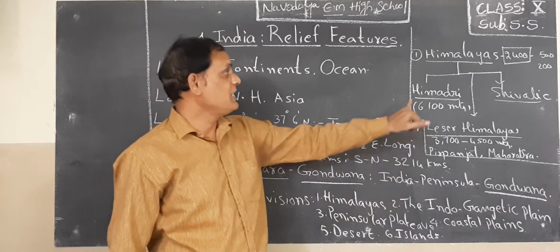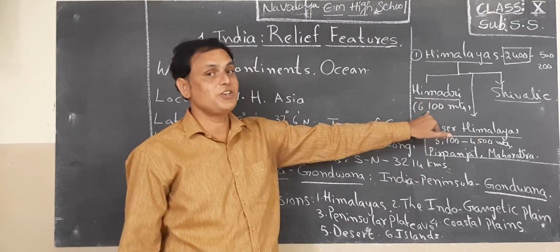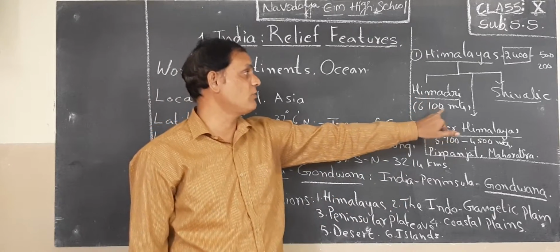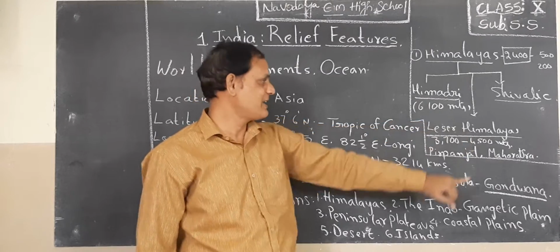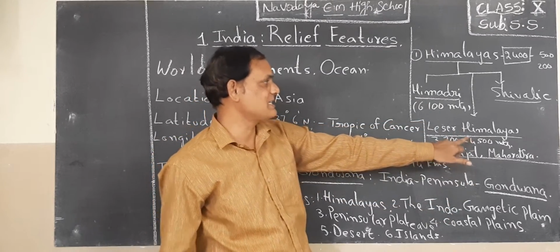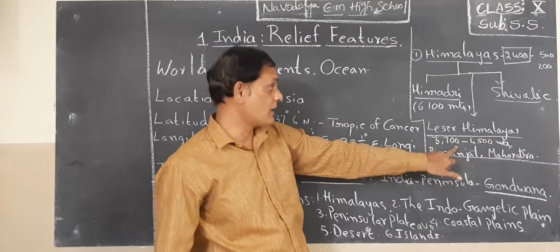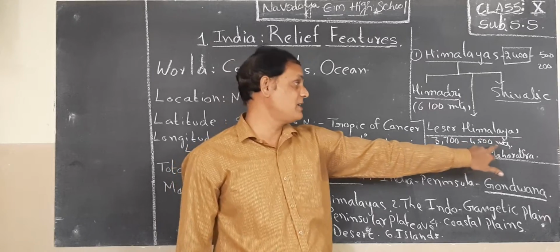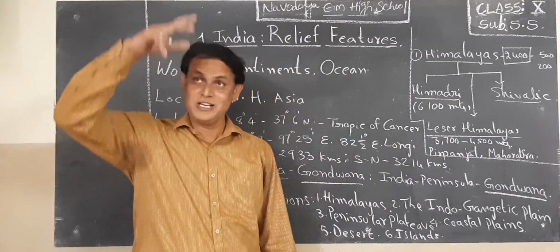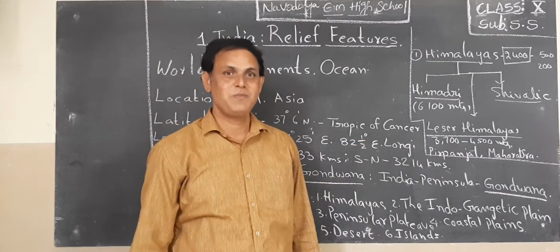Next, children, Himadri, the elevation is 6,100 meters, not kilometers, meters. Here lesser Himalayas are 3,700 to 4,500 meters elevation or height from the mean sea level.